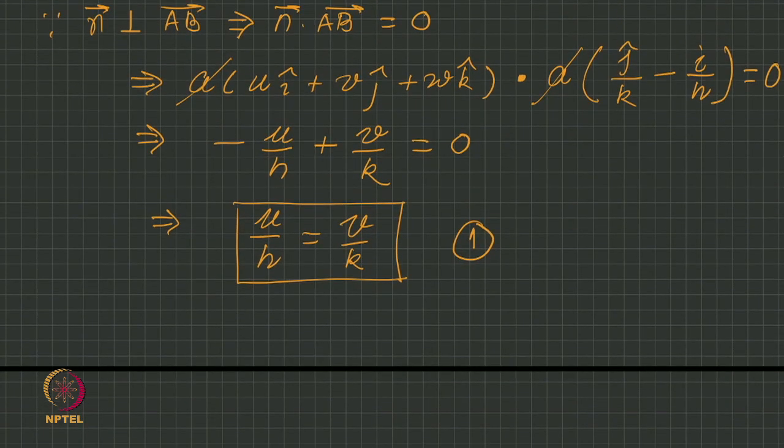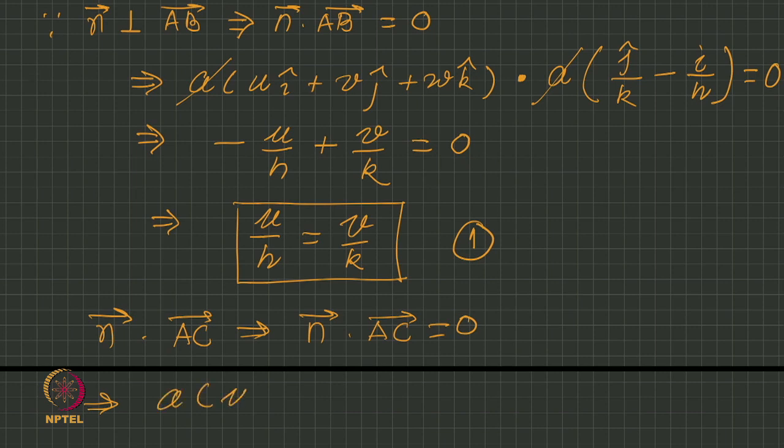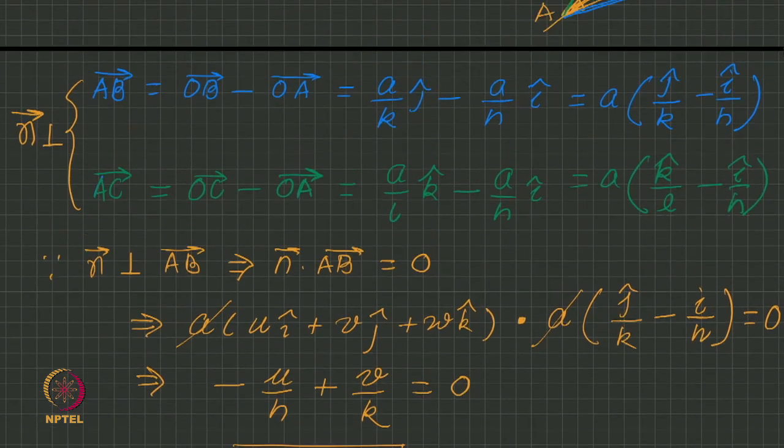Now, similarly, you can apply the condition that n is perpendicular to AC. This will give you n dot AC is equal to 0, which is again A times u i plus v j plus w k dot AC.